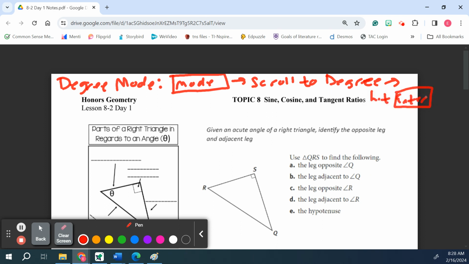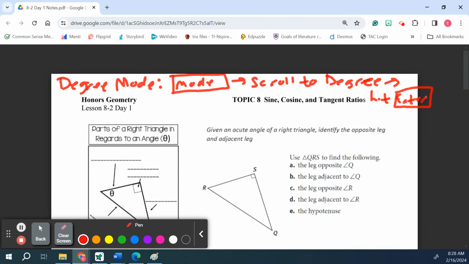Okay, so that's how you get to degree mode in your calculator, and keep it in degree mode. If you did this correctly, you should see like a DEG somewhere on your home screen. It'll be kind of up in the corner or maybe the lower half.